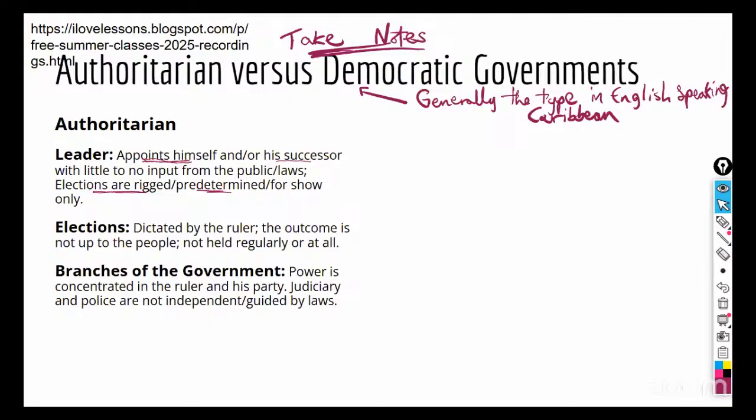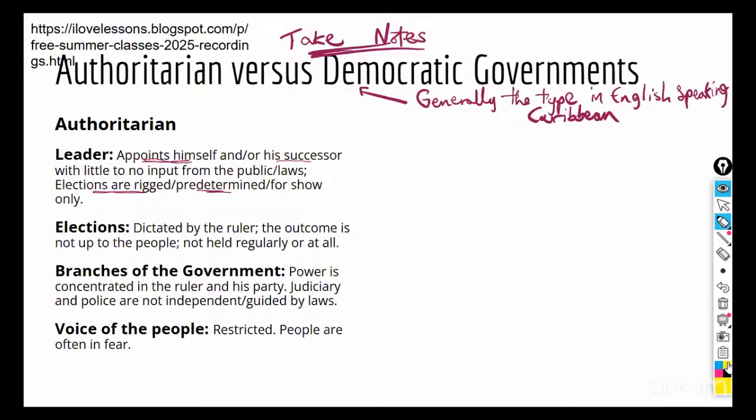But in an authoritarian government, it's the ruler and his party that have most of the power. And the judges, the lawyers, the police, they don't have to follow the law. They follow the whims of the leader and what they could get away with, right? People cannot speak up, so they are restricted and they are often in fear.